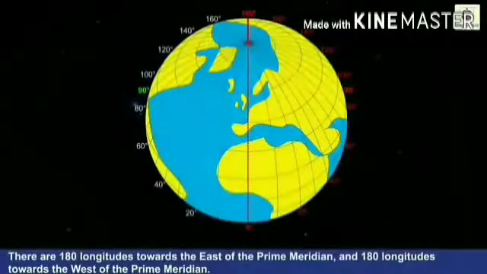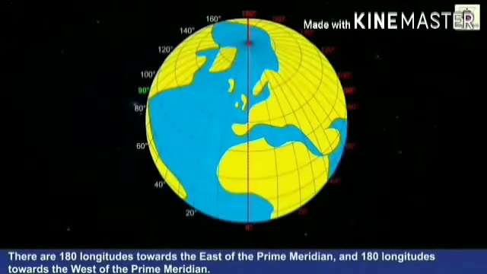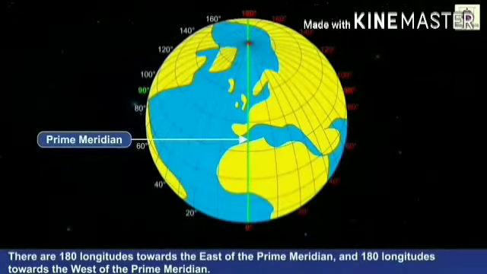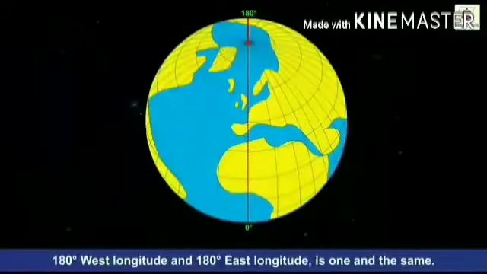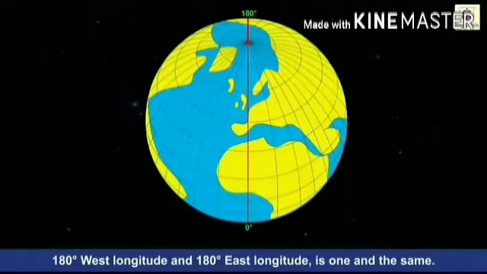There are 180 longitudes towards the east of the prime meridian and 180 longitudes towards the west of the prime meridian. As the earth is round and a full circle has 360 degrees, 180 degree west and 180 degree east longitude is one and the same.